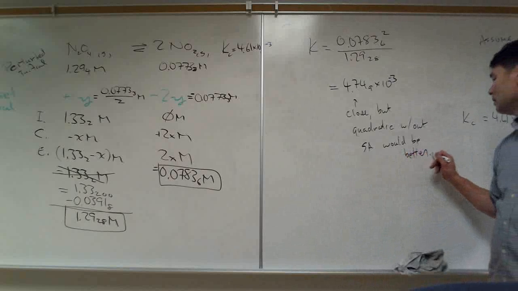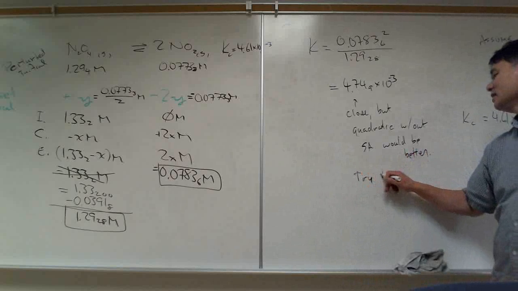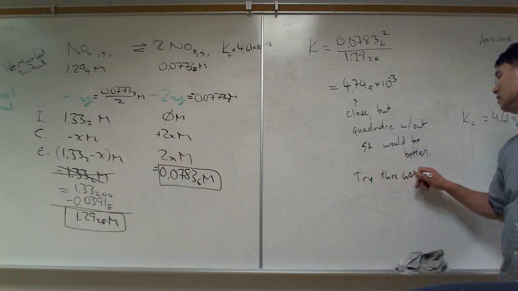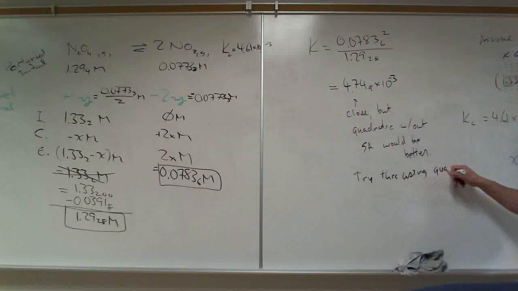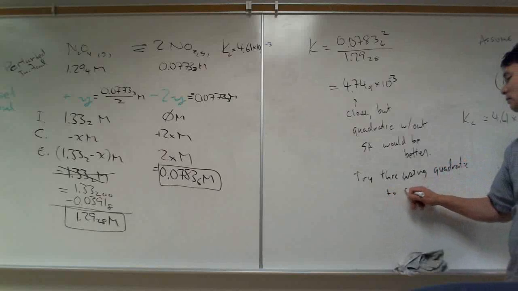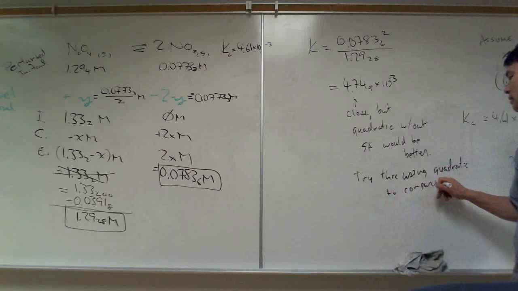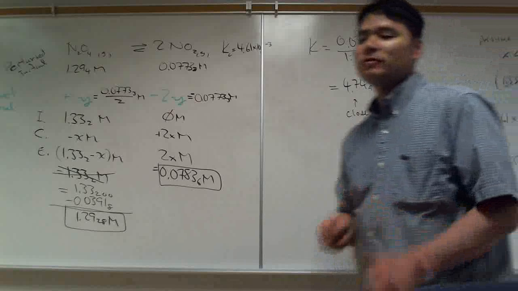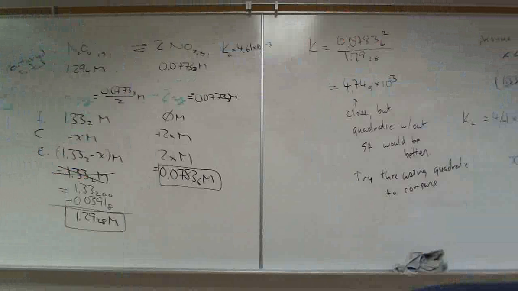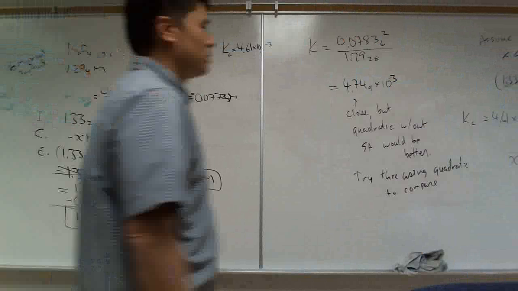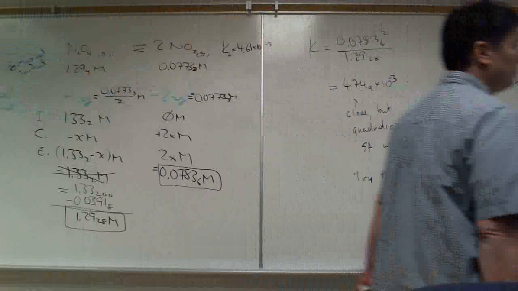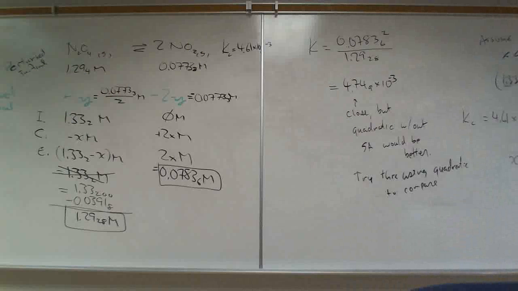And so what I want you to do is just try this using the quadratic to compare. Solve it without the simplifying assumption, in other words, and see how good the answer comes out. I'll let you do that.